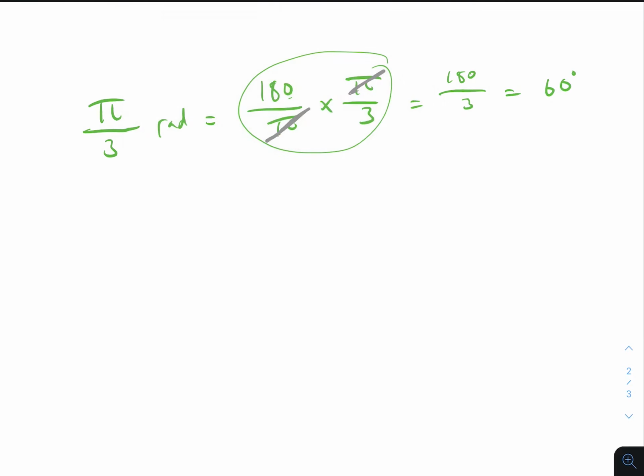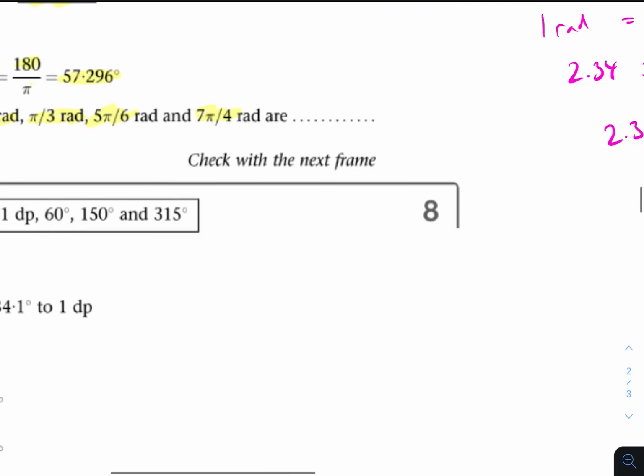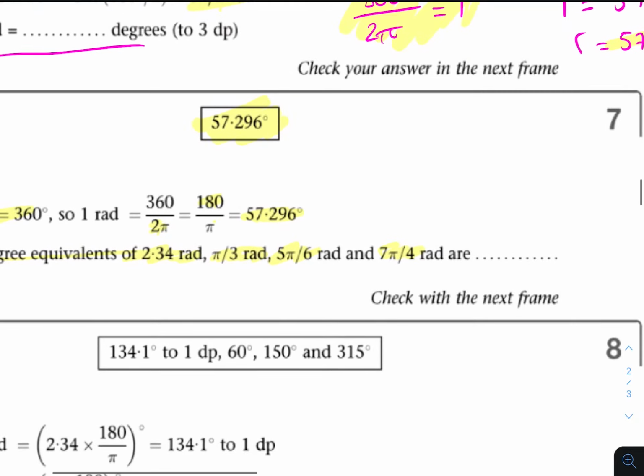Let's do the next one in a different color. Cool. So 5 pi over 6. Same again, we can literally just multiply 5 pi over 6 times 180 over pi.